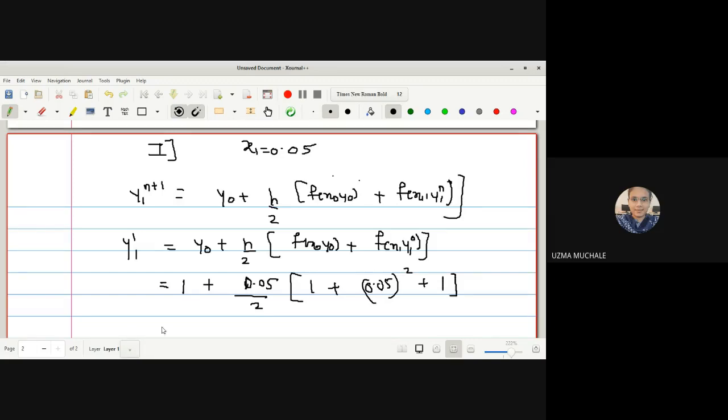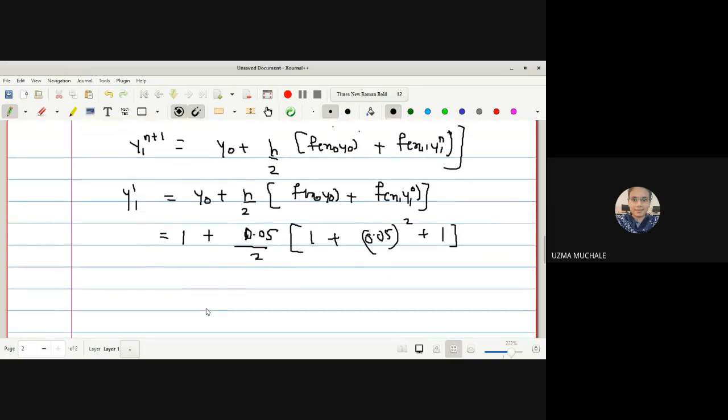Just you can tell me the answer. What is the answer by solving this? It is 1.05.